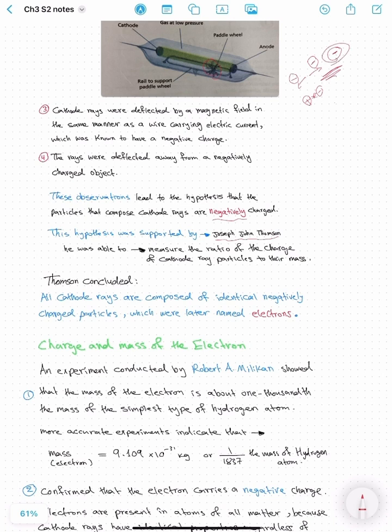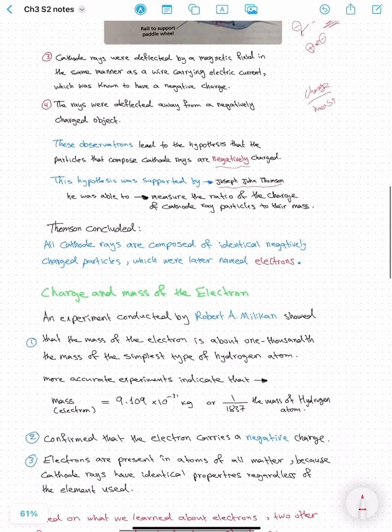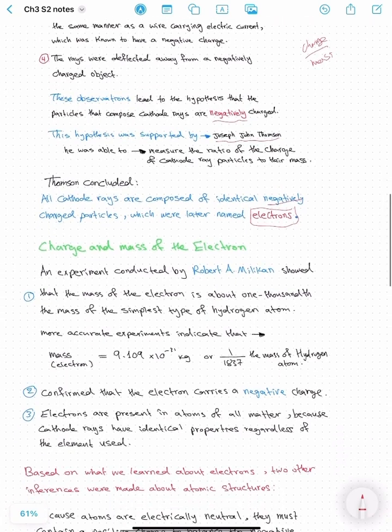Then J.J. Thomson concluded that all cathode rays are composed of identical negatively charged particles, which later they named electrons. So no matter what they used, all of them had the same behavior, meaning that all atoms in nature have electrons.